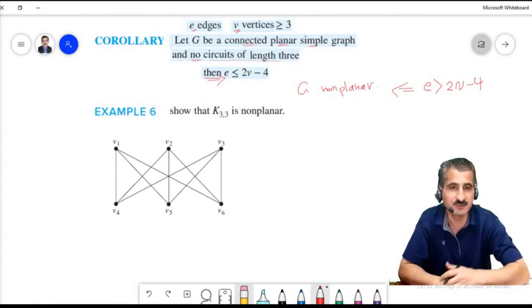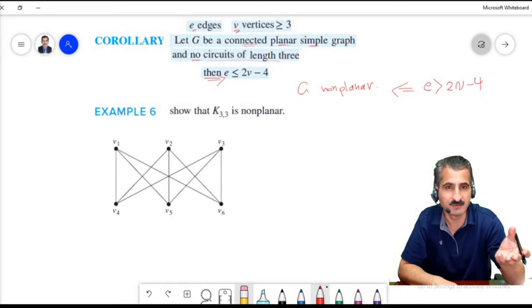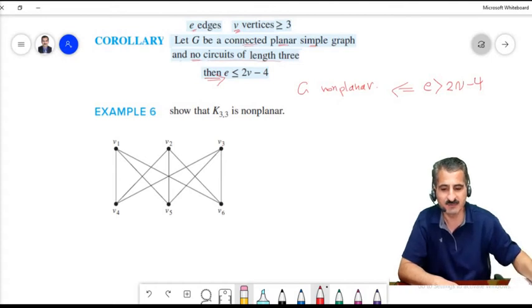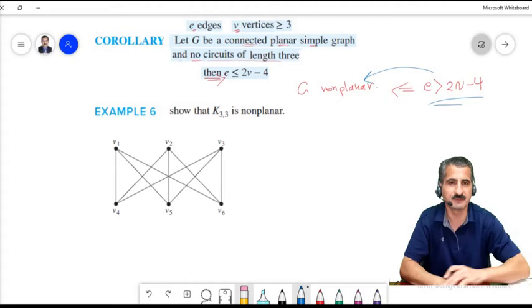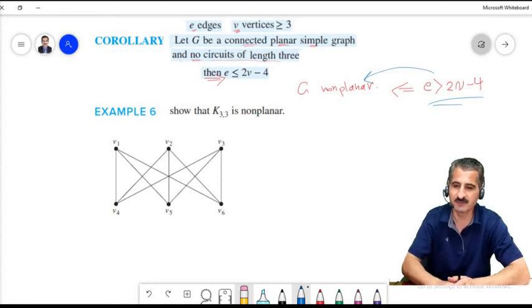It has to be connected, simple, and have no circuit of length 3. If this happens, we will conclude G is not planar. But we must have no circuit of length 3 to benefit from that corollary.